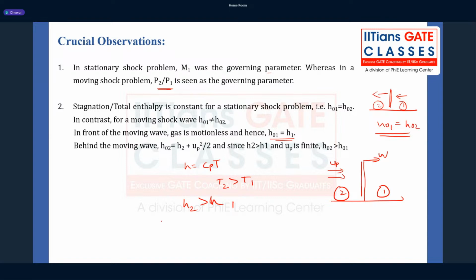And if I write my total quantities, H2 plus UP square by 2 is equal to H1 plus, since this air is stagnant, the velocity in this region will be 0, right? So my H naught 2 will be greater than H naught 1. So this is one important observation.